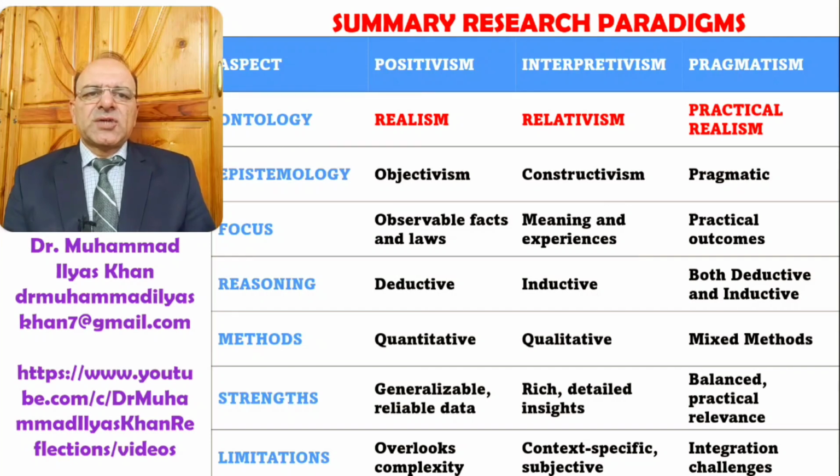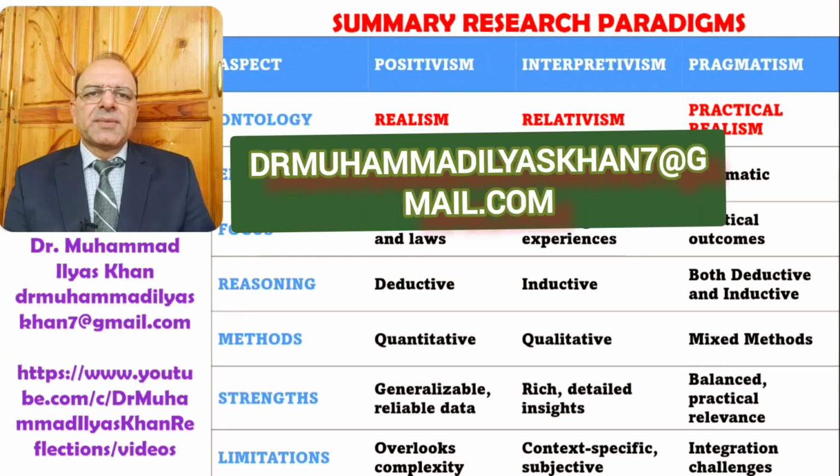In terms of strengths, research designs that relate to positivism help us in generalizing our findings, so the results are generalizable, and the data is generally concrete, quantifiable, and reliable.